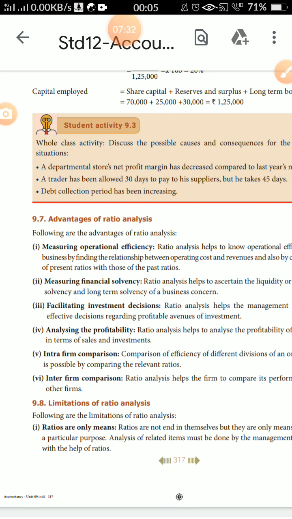Next one, change in price level. The value of currency goes up and down every year, each and every day. The ratio analysis may not reflect price level changes to current value.